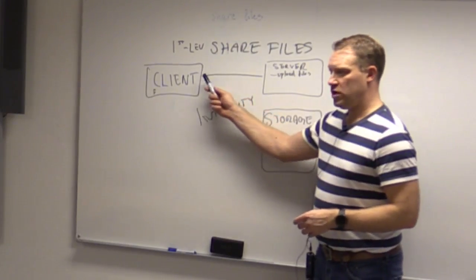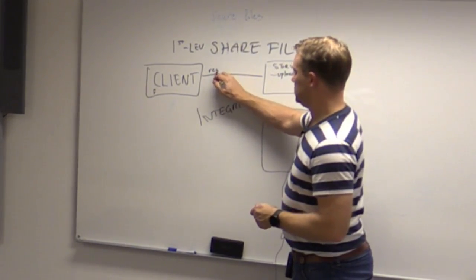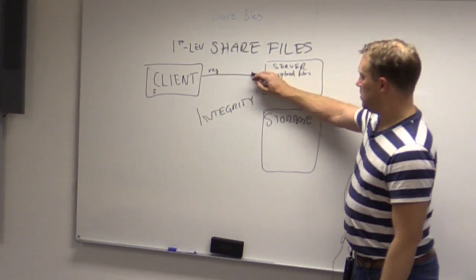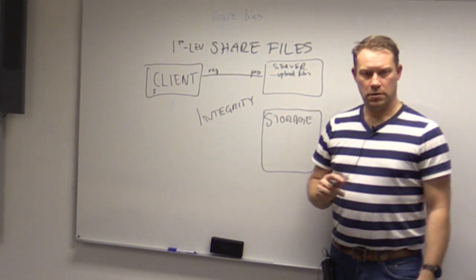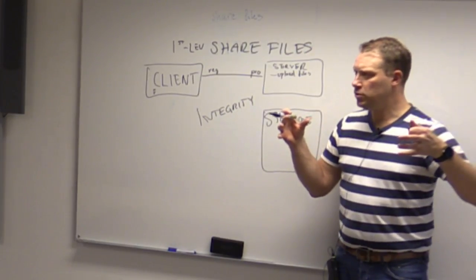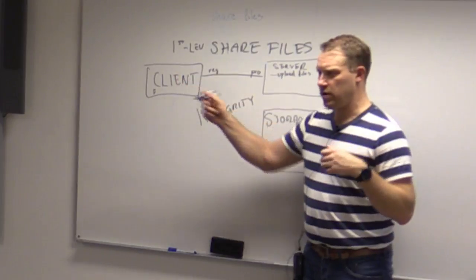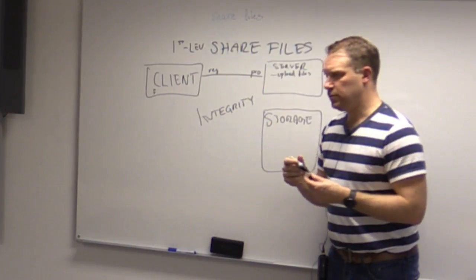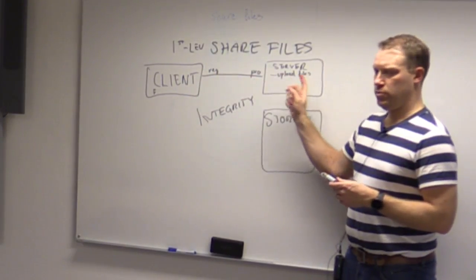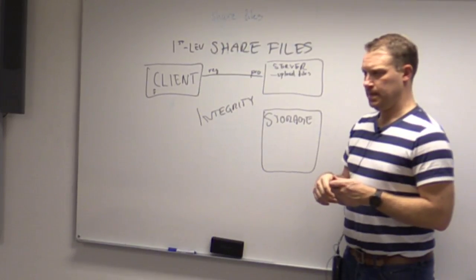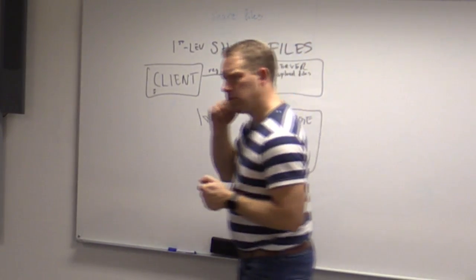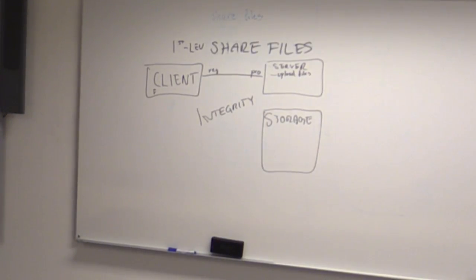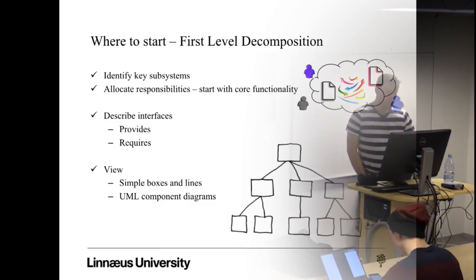Because if this one requires something that this one provides, if you put them together, that should be doable, because this guy here provides something that this guy requires. And you agree upon the protocol, you agree upon the signatures, whatever, before you branch out and work independently. First level decomposition. Put it here. Okay.